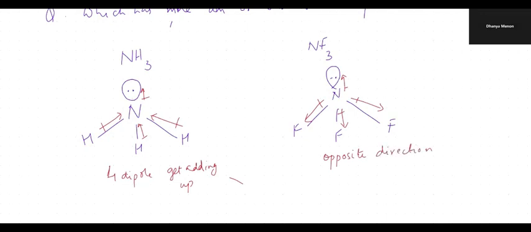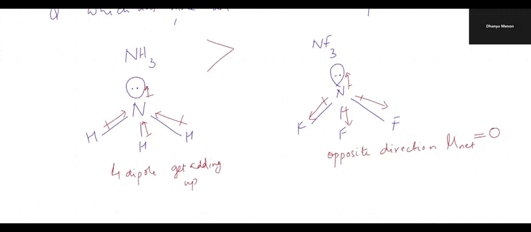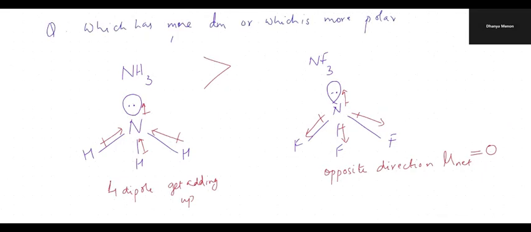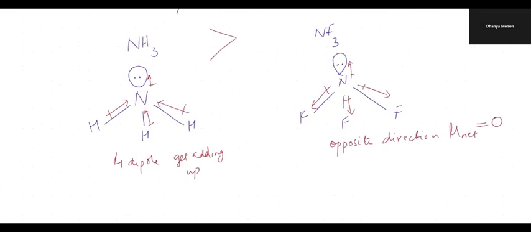Net dipole is equal to 0. So who is more polar? NH3 is more polar than NF3. So don't just look at the formula. Try to draw like this and check the direction of the dipoles, so that it's easy for you. Okay, so this is also very important. At the same time, you can hurry and make it wrong. So instead, draw the diagram and then check.